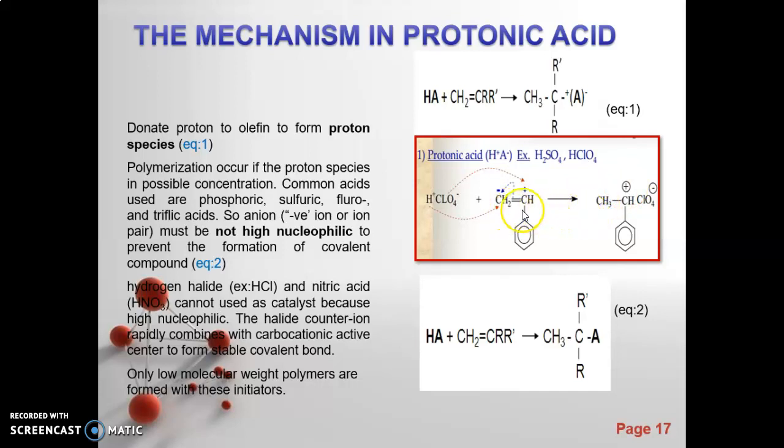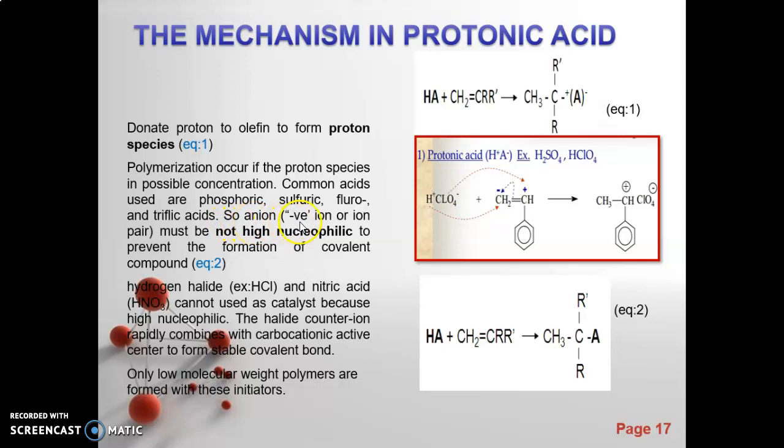Okay, so bila H plus which is proton ni dia attack monomer, dia akan jadi CH3 kat sini. Lepas tu dia akan jadi single bond lah. Okay. So donate proton to olefin to form proton species. Polymerization occurs if the proton species is in possible concentration. Common acids used are phosphoric, sulfuric, and so on.